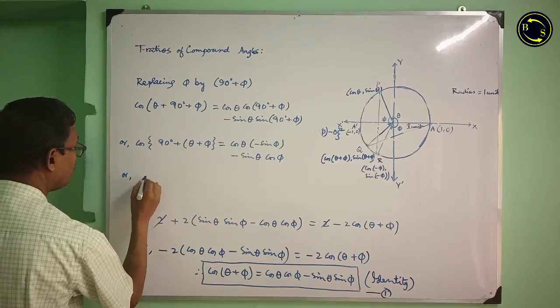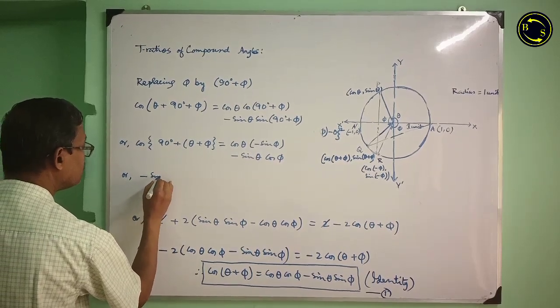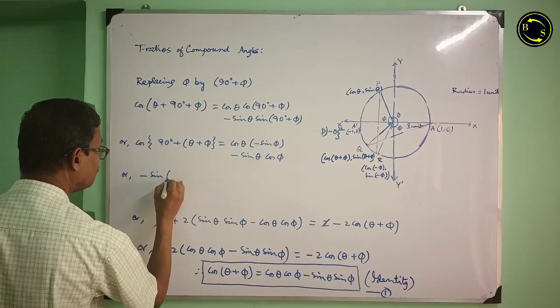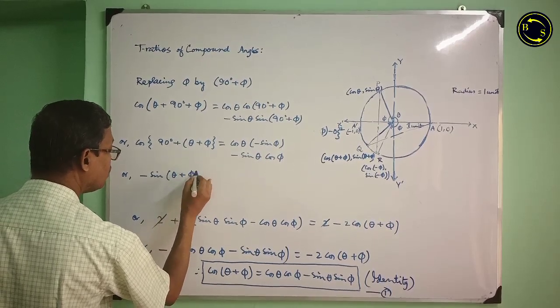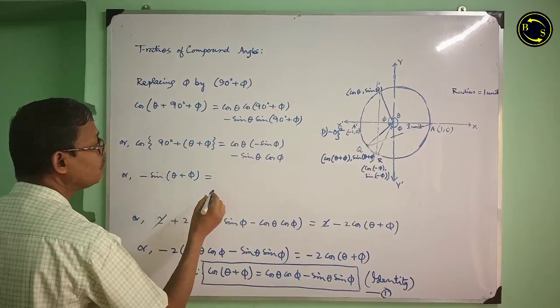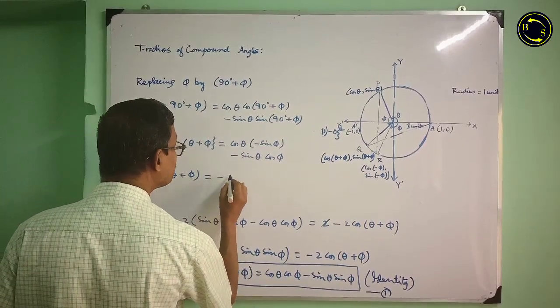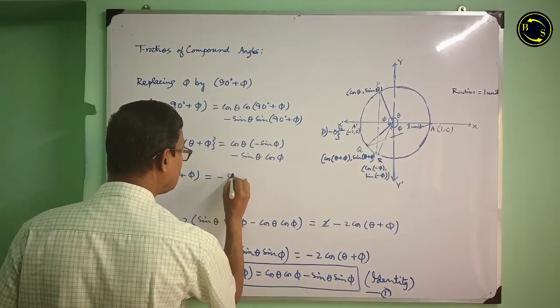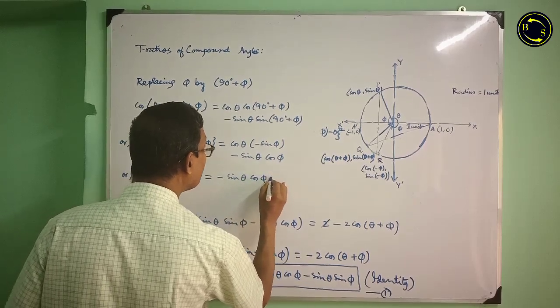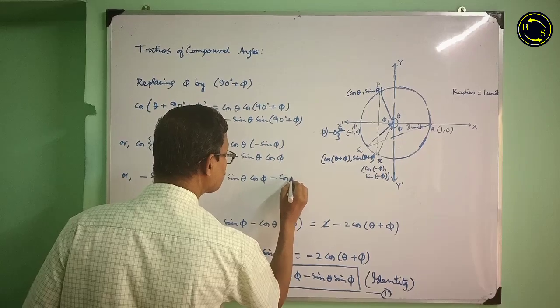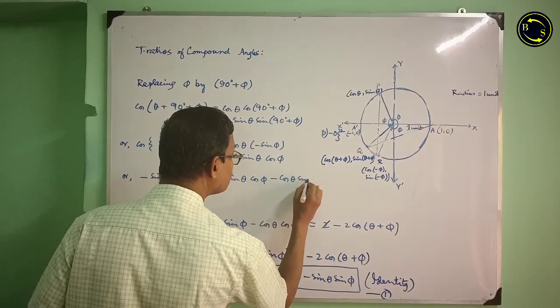or minus sin theta plus phi is equal to minus sin theta cos phi minus cos theta sin phi.